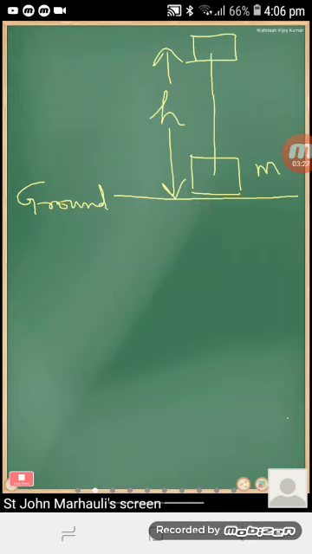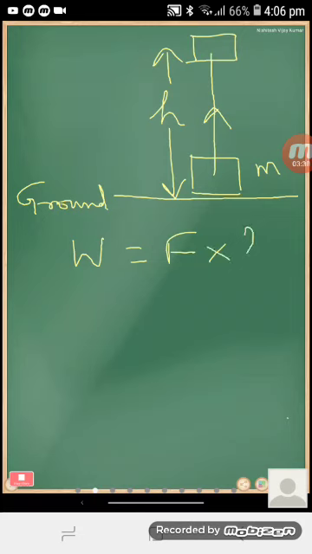So we are trying to lift this body, so force is applied, so work done in this case is equal to force applied into the displacement. This is the standard formula which we are taking.